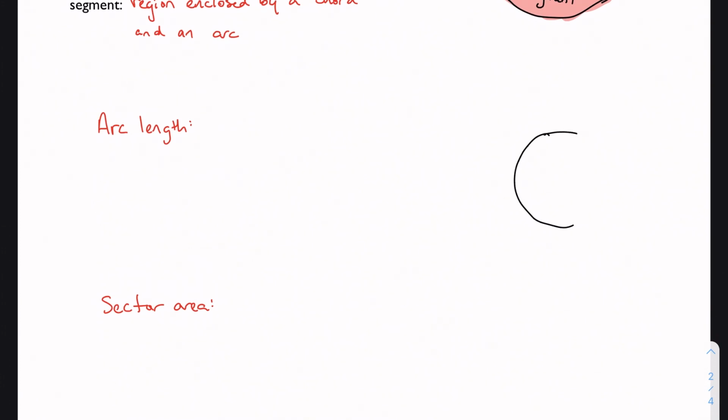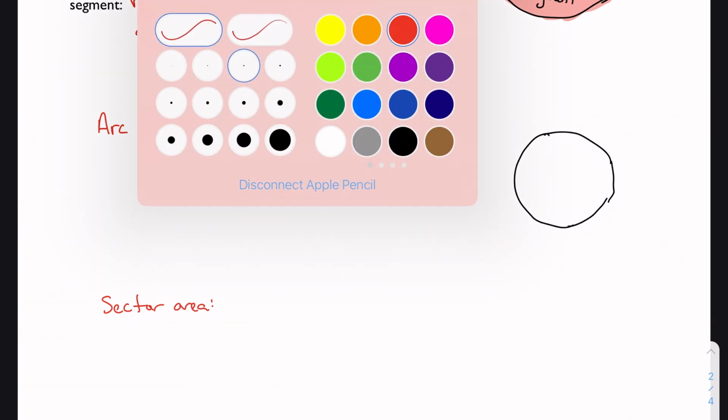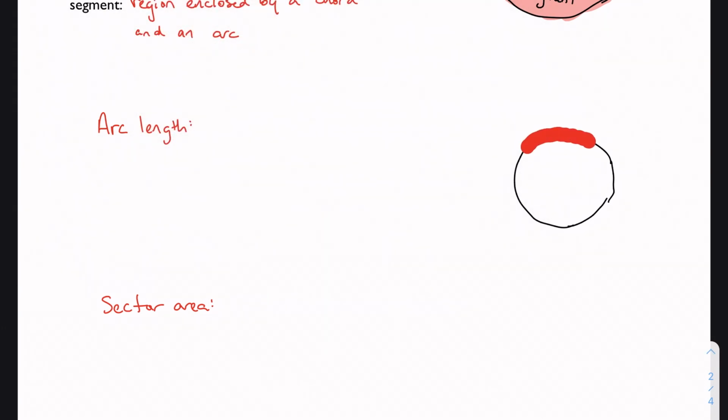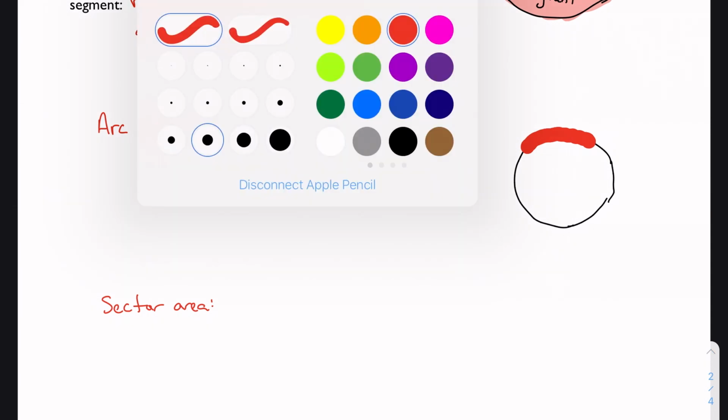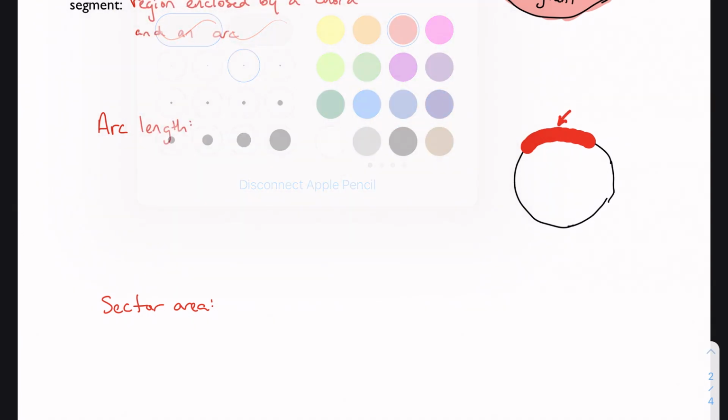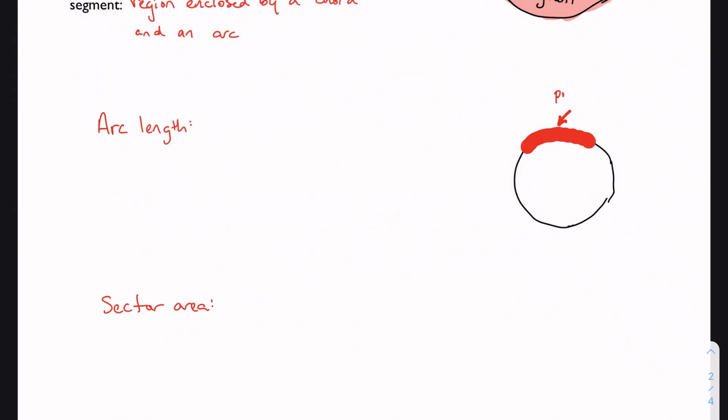If I think about an arc, here's my arc, it's a part of the whole circumference. This is kind of a fraction or a percentage, proportion. I'll just say portion. Why complicate it? This is just a portion of the circumference.